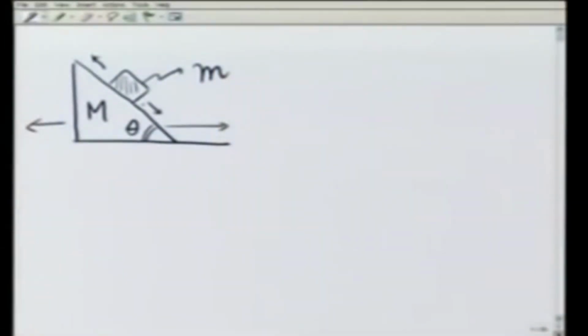Therefore, its y and x displacements are going to be related. Let us see then what the constraints are.